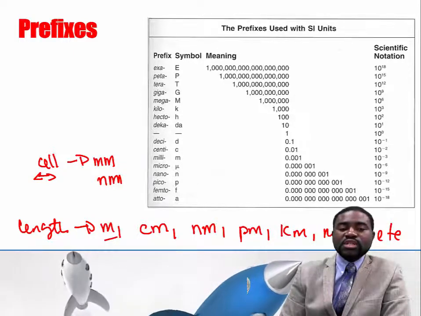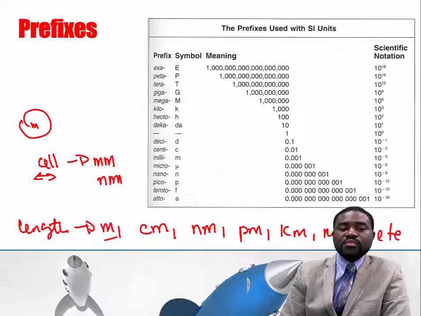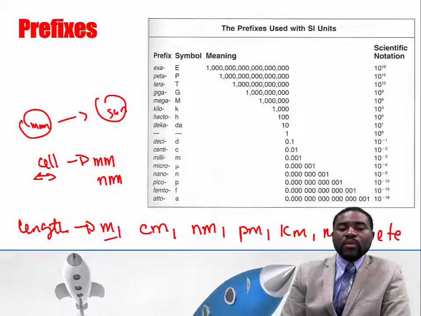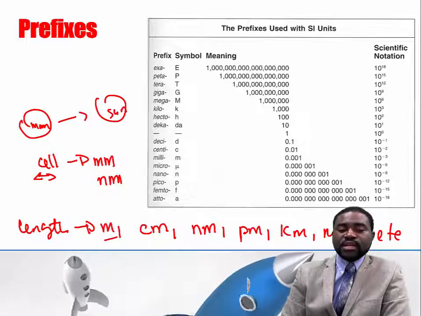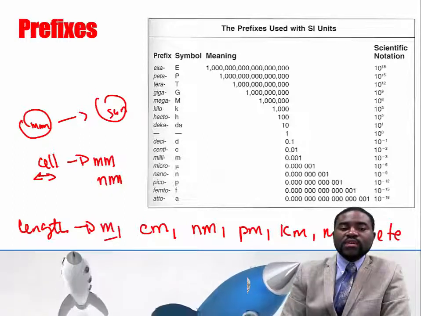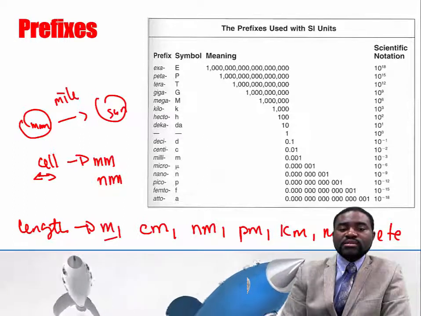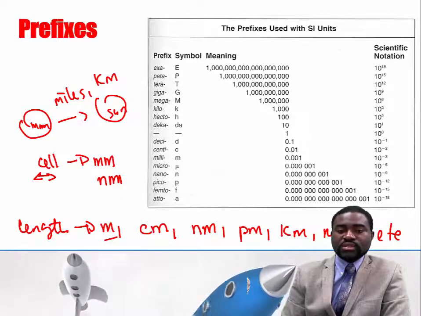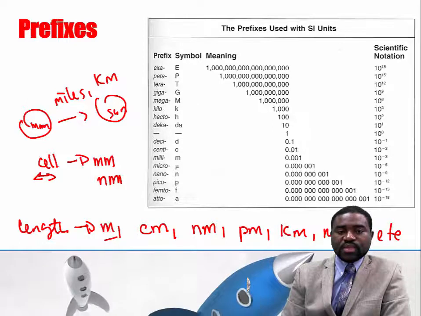If you want to measure the distance from the moon to the sun, it is best expressed in terms of either miles or kilometers because the distance is so vast.